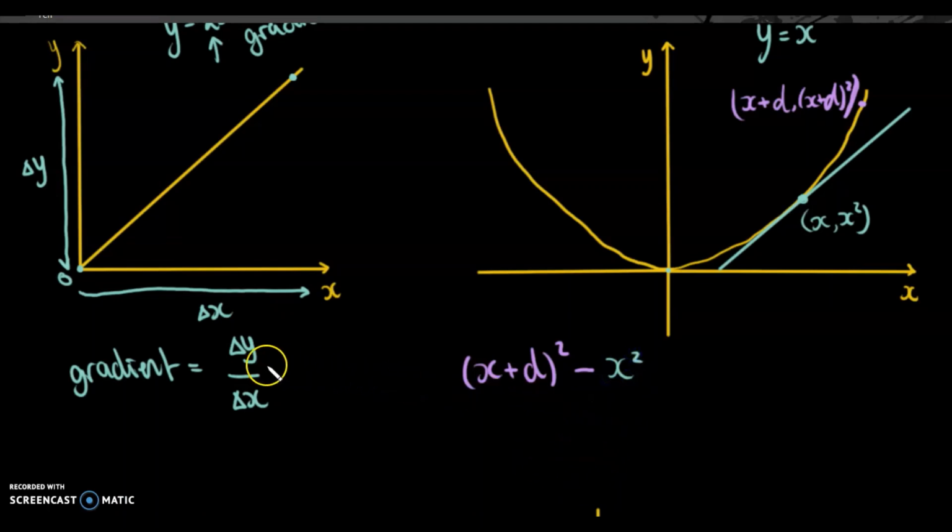Okay, so that is our change in the y value. That's our second y value, take away our first y value. That should give me the change in the y value.